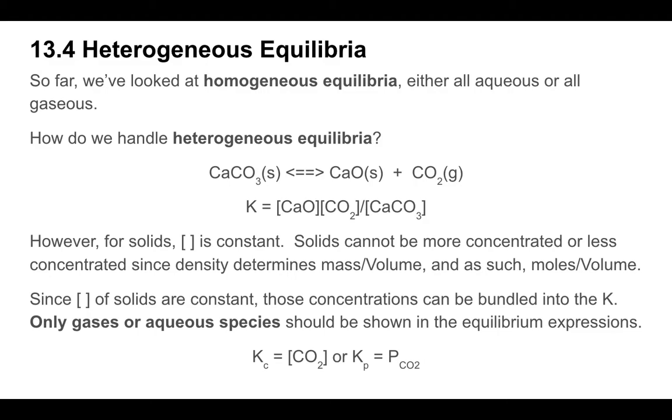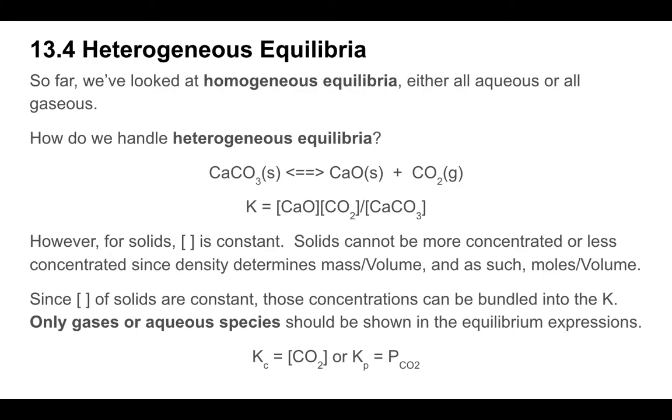Well, if I look at the K expression for this, I would say K would be concentration of CaO times CO2 over CaCO3. But if we think about it, solids actually have constant concentrations. You can't make a solid more or less concentrated. Solids are incompressible, and they have a certain density, which is their mass over their volume.